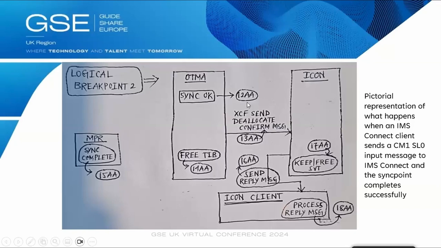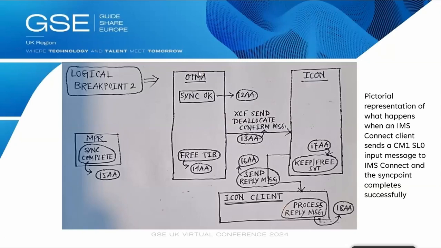Phase 1 sync point ends. Moving on to 13AA, OTMA sends the deallocate confirm message. Since the sync point processing completed successfully, what OTMA does is OTMA sends the deallocate confirm message to IMS Connect, right?